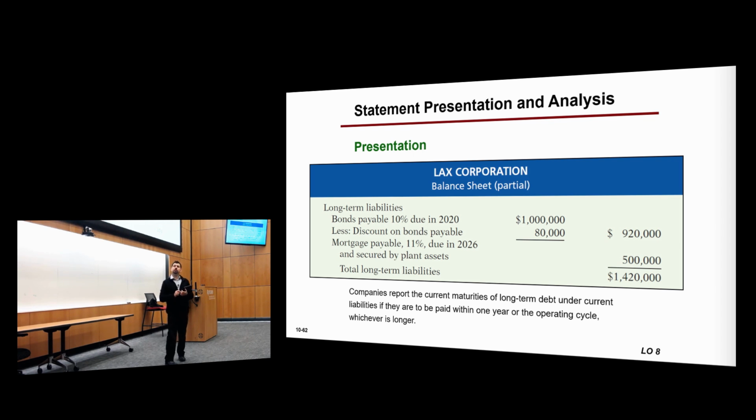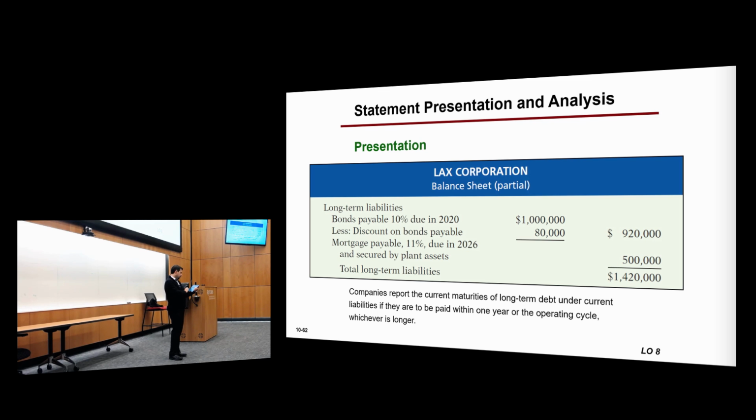So you have the percentage, the due date, you have for mortgage payable, you also have some kind of basically the notes terms. Okay, so this is 11% due in 2026 and secured by plant assets. So this is a mortgage, more or less. It's a mortgage because it's secured by assets.